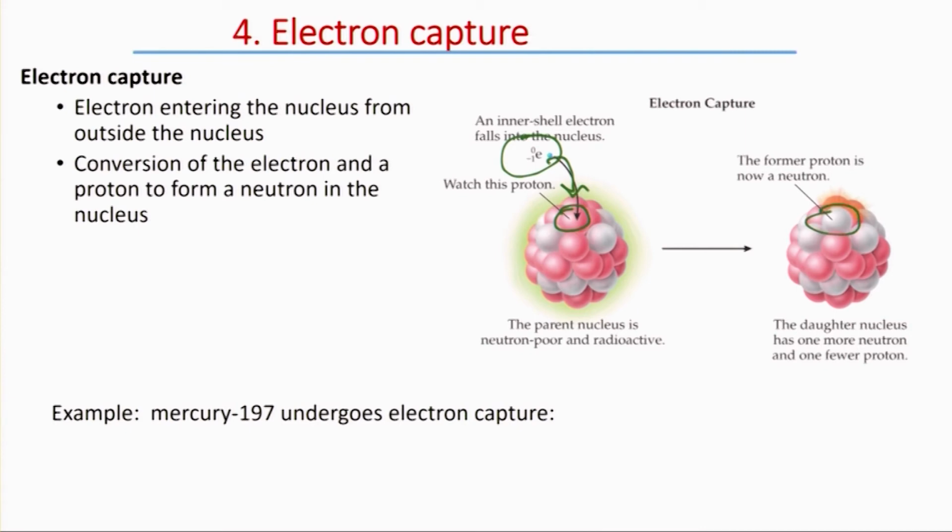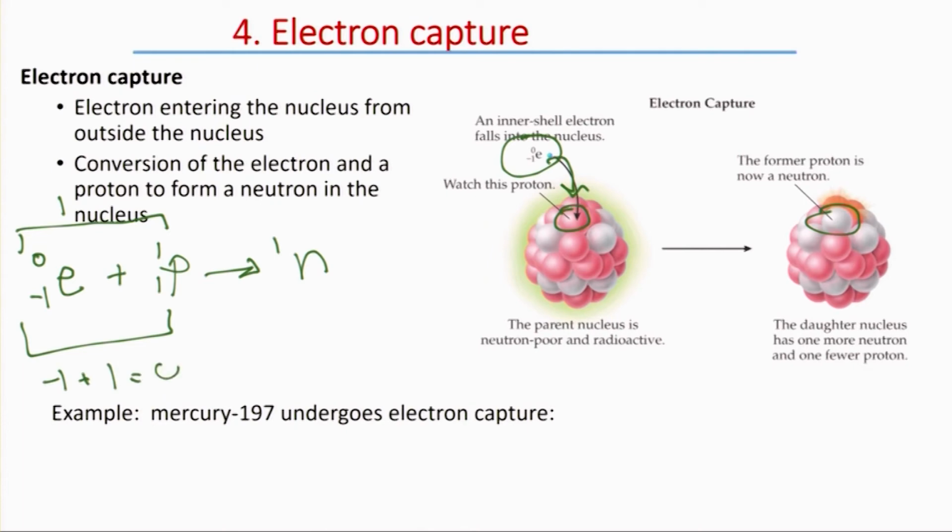Let's see if we can draw this out. So here is the electron plus a proton. And the net result is now you have a neutron. And if you add these up right here, you get 1. And if you add these up right here, -1 plus 1, you get 0. All right, so this now is the particle getting captured, changing a proton to a neutron.